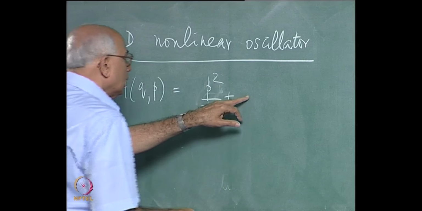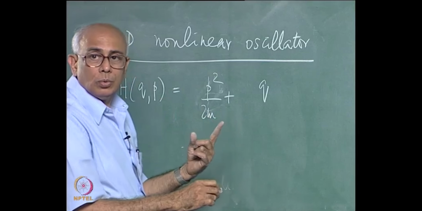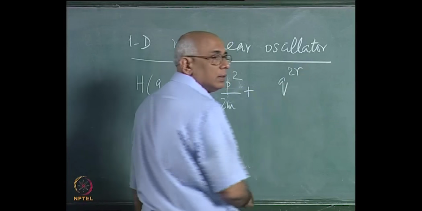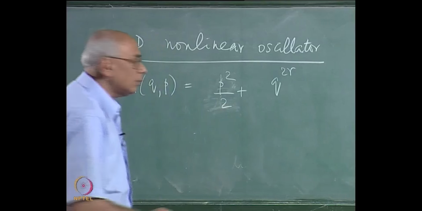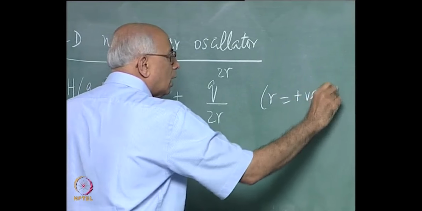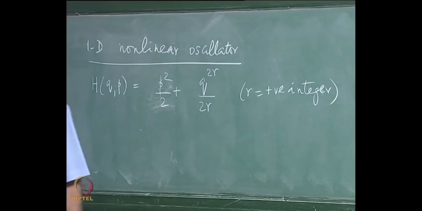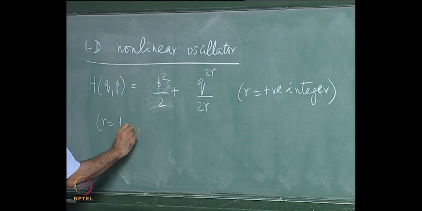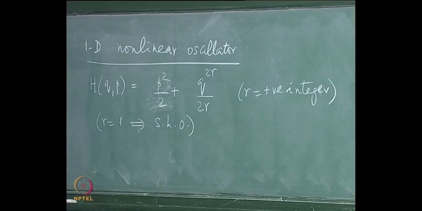So in suitable dimensions this becomes q to a power which is not 2, since 2 would mean a linear harmonic oscillator, but let us in general have a power 2r, and let us set the mass to be equal to 1, so we just have this as the Hamiltonian divided by 2r. To start with, let us say r is a positive integer. So r equal to 1 implies the simple harmonic oscillator, the linear harmonic oscillator.